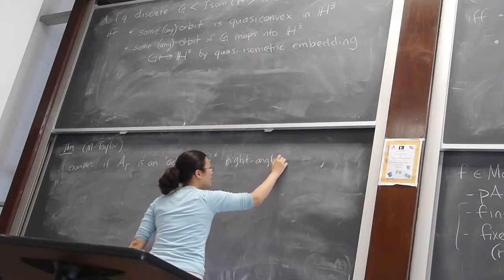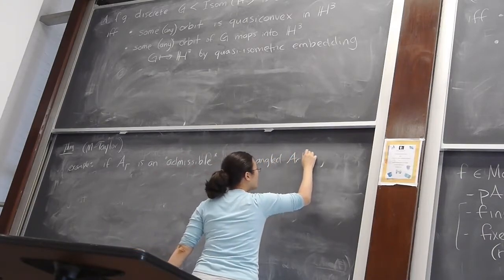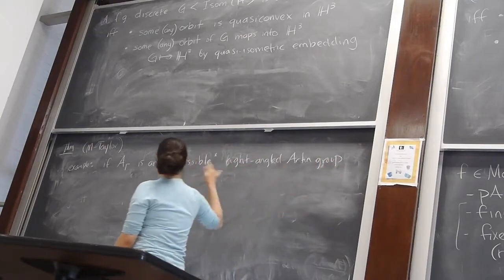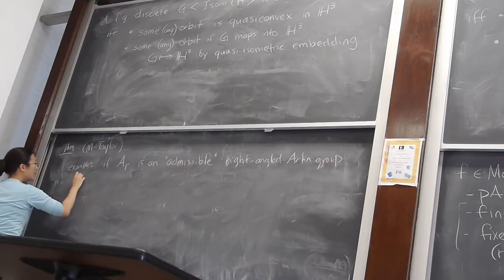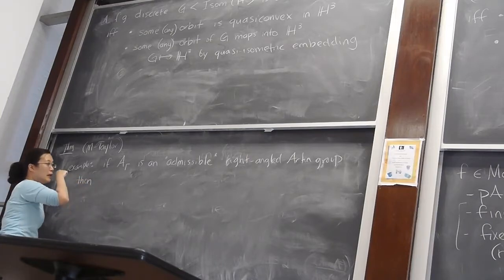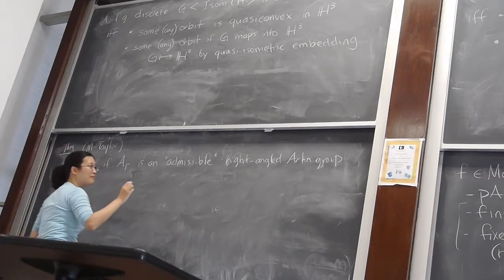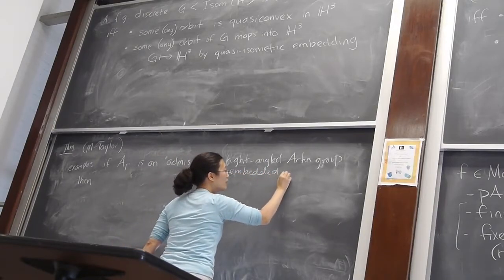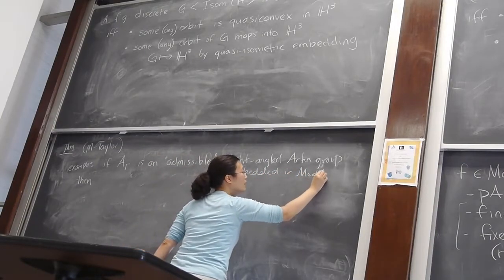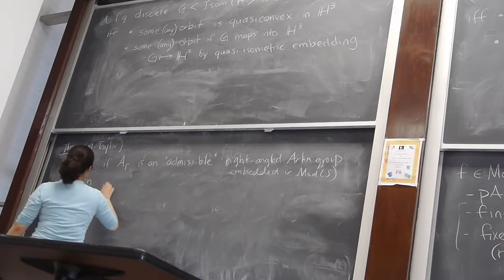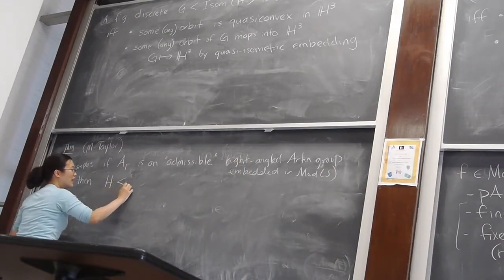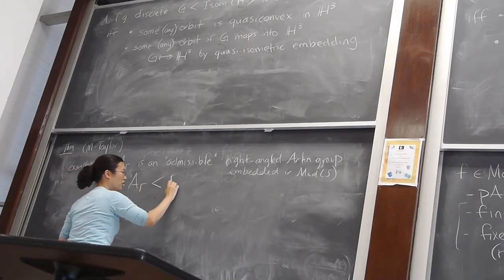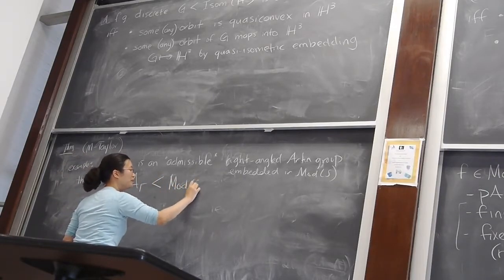And I'll tell you in a second what these right-angled Artin groups are. So again, we're looking at some subgroup of some group that you have control over that's in the mapping class group.